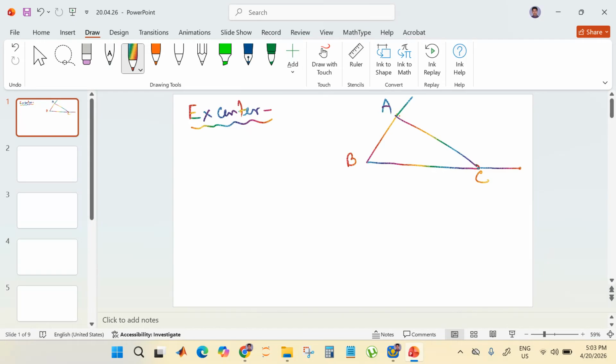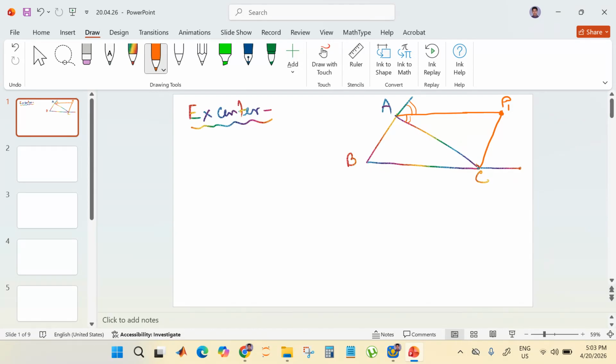If I bisect this external angle, meaning I make a line that divides the external angle into two equal parts, then this is the external bisector. Here also the external bisector. If I join them, there is a point. This point will be the excenter, the first excenter P1.